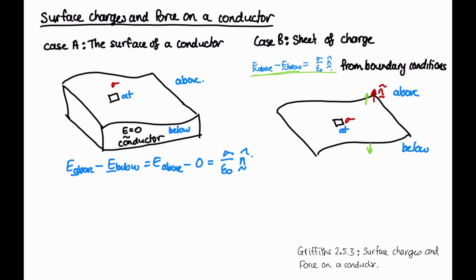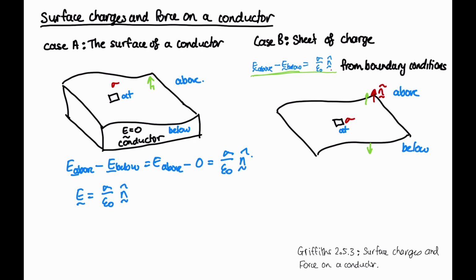So this tells us that for a conductor, the electric field is equal to sigma over epsilon naught n. And so this is an electric field which is perpendicular to the surface of that conductor like that. So that's one useful equation that we'll be using.